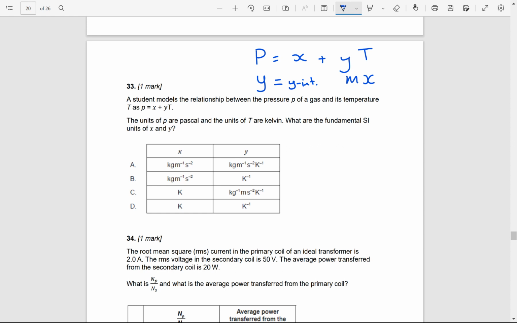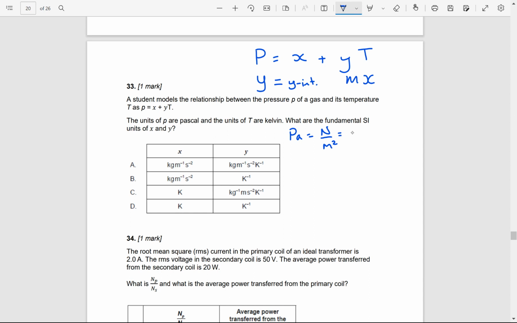Okay, so we need to work out what Pascal are. So here we go. Pascal equals newtons per meter squared. Now you might know these off by heart. It's a good thing to know off the top of your head what newtons is and things like that, just to save you time.